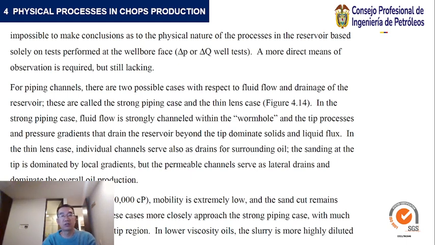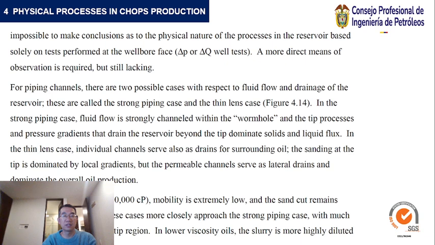For piping channels, there are two possible cases with respect to fluid flow and drainage of the reservoir. These are called the strong piping case and the thin lens case. In the strong piping case, fluid flow is strongly channeled within the wormhole, and the tip processes and pressure gradient that drain the reservoir beyond the tip dominate solid and liquid flux.